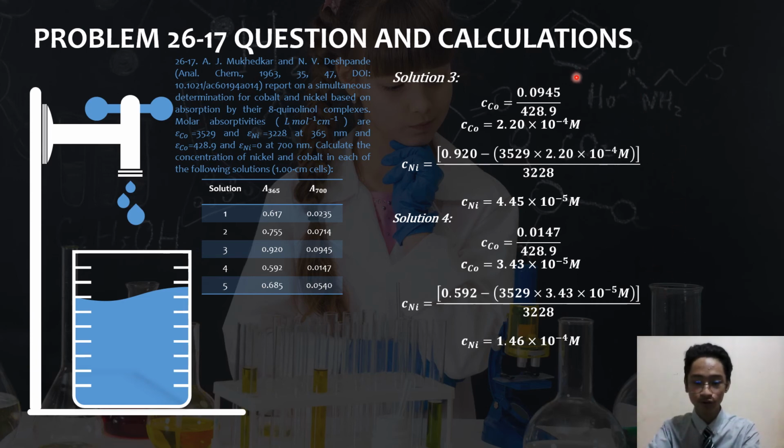For our solution 3, we get concentration of cobalt is equal to 2.2 times 10 to the negative 4. Concentration of nickel is equal to 4.45 times 10 to the negative 5. For our solution 4, we get concentration of cobalt is equal to 3.43 times 10 to the negative 5, and concentration of nickel, which is equal to 1.46 times 10 to the negative 4.